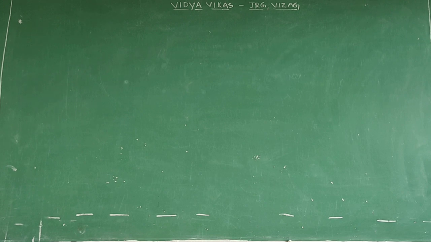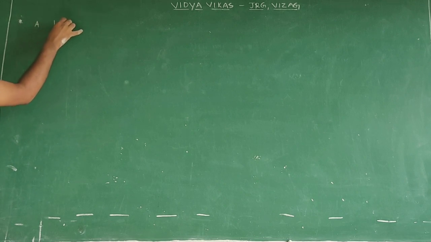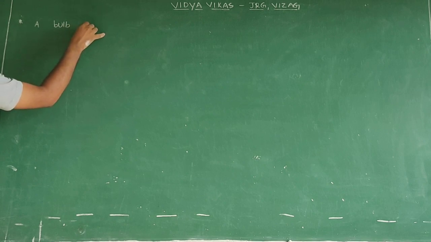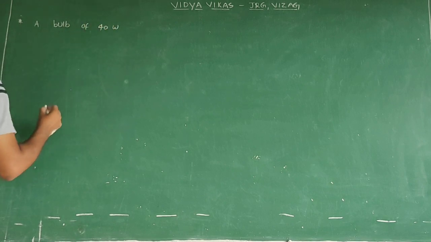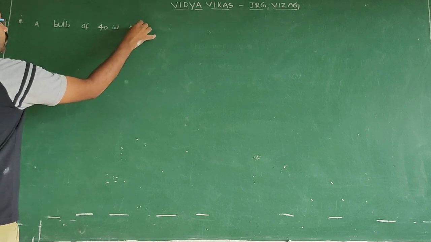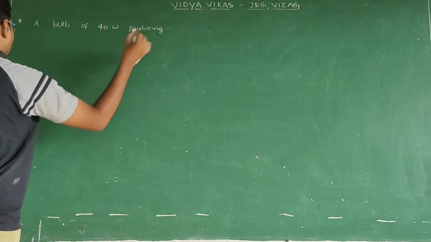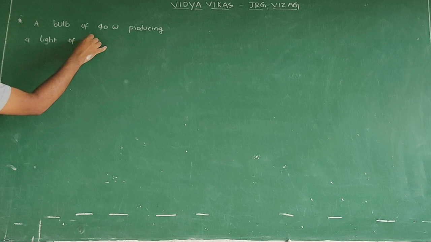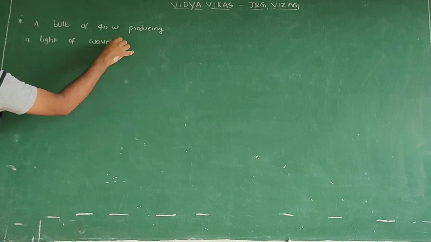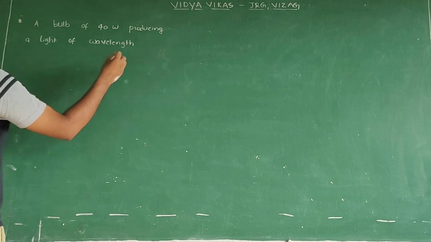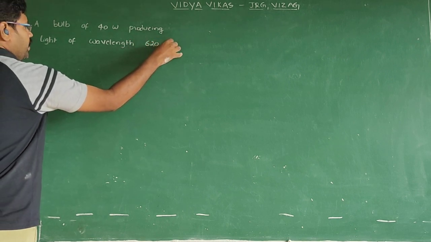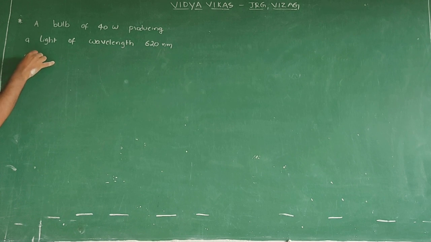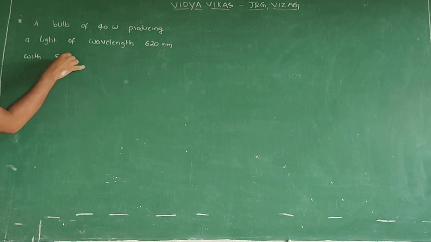Students, now let's come to a previous JEE Mains question. A bulb of 40 watts, producing a light of wavelength 620 nanometers with 80% efficiency.